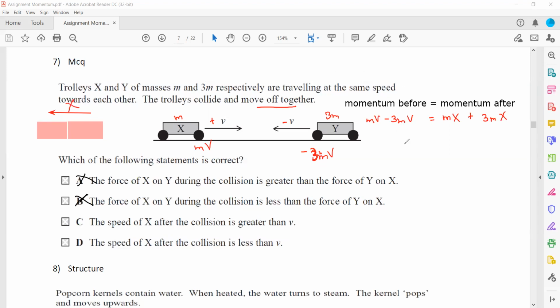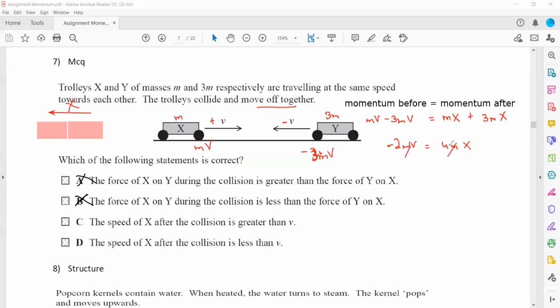So mv minus 3mv is equal to minus 2mv. If we take m common, m into x plus 3x, or you can even directly add mx plus 3mx. That will give us 4mx.